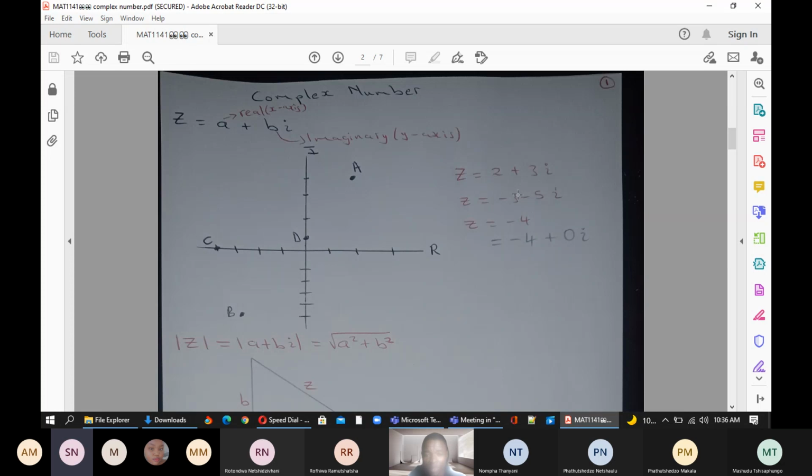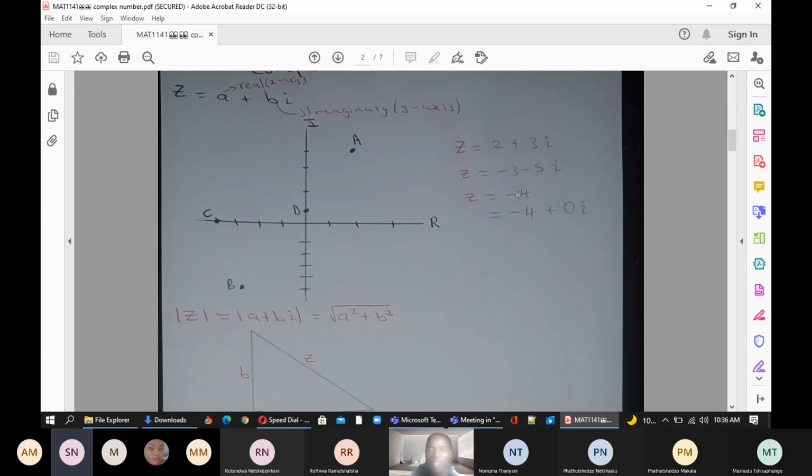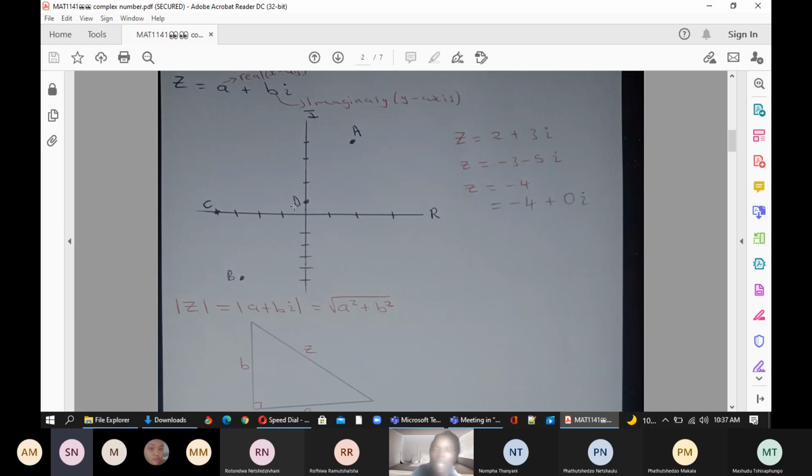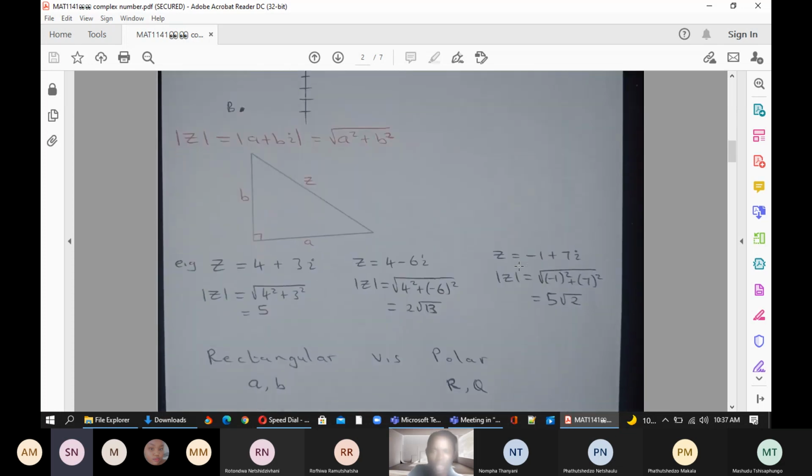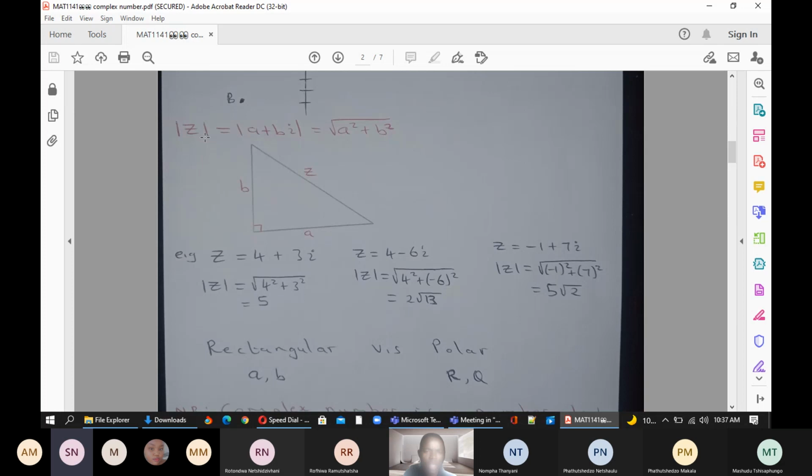We've talked about complex, which is z equals a plus bi, where a is real and b is imaginary. We show by the diagram how we can plot those things on our Cartesian plane. When z is given by this, it's like we're using the theorem of Pythagoras, which is the root of a squared plus b squared.